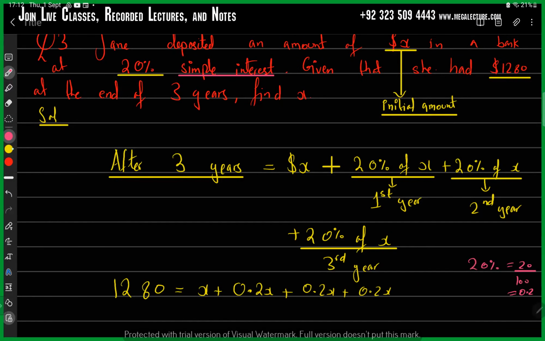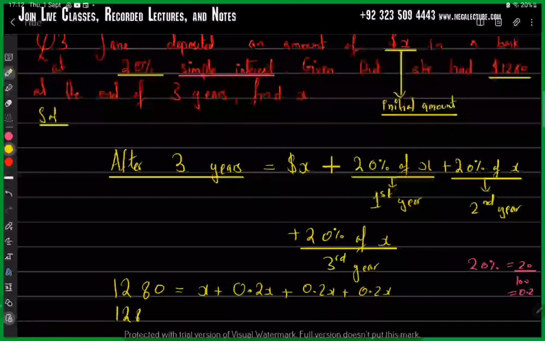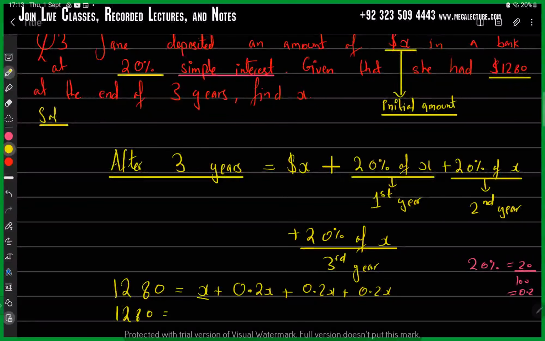Okay, now this is an equation that has X as its only variable. So we know how exactly we solve linear equations, right? It's very, very simple. So 1280 is equal to 1 plus 0.2, that is 1.2, plus 0.2, that is 1.4, plus 0.2, that is 1.6x.